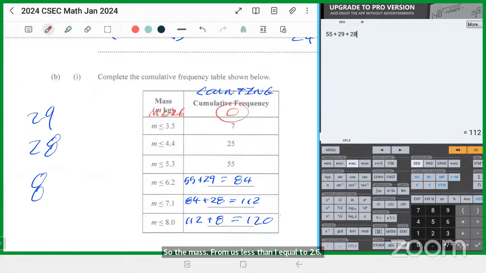This needs to be shown on the cumulative frequency curve as well. What it means is that no baby had a mass less than or equal to 2.6.